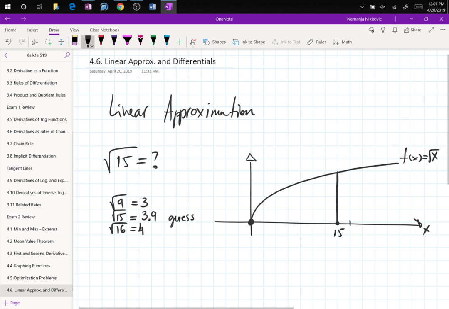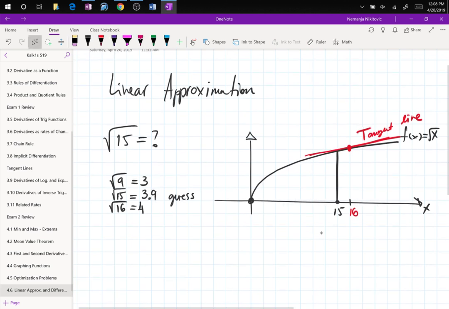Well, clearly 16. So 16, value 16, will have a tangent line. So this is tangent line.